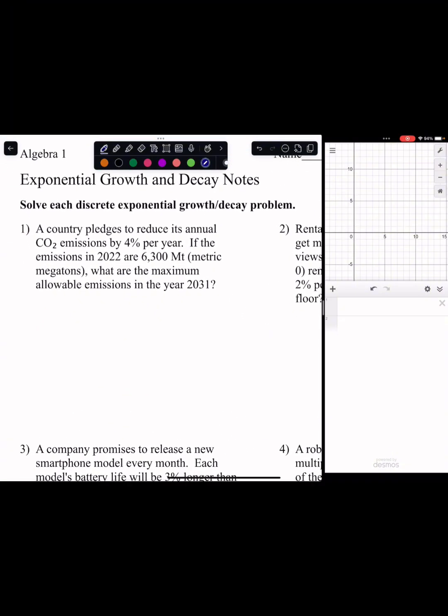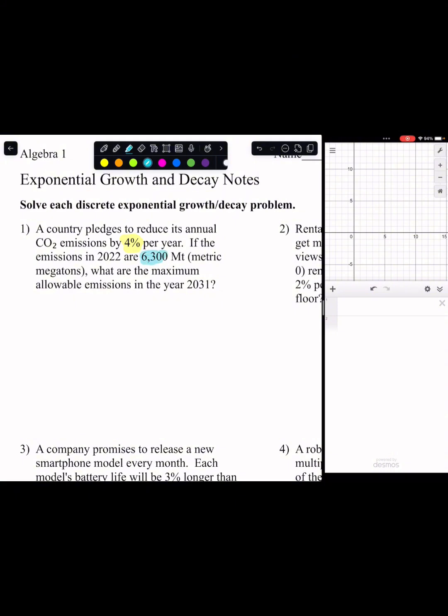So, a country pledges to reduce its annual CO2 emissions by 4% per year. What do you think 4% is? That's my rate. If the emissions in 2022 were 6,300, that's going to be that number they tell me. That means that's where we started.